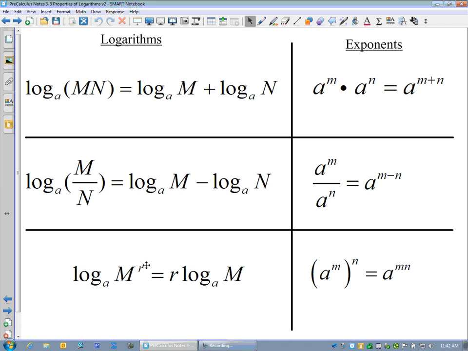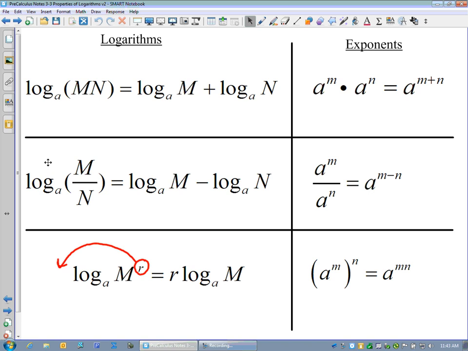So here the r is an exponent of that argument and the log itself is an exponent, so we're multiplying the exponents. Or physically, when you get into the algebra and manipulation, you can think of it as just being able to take that r and move it out to the front.